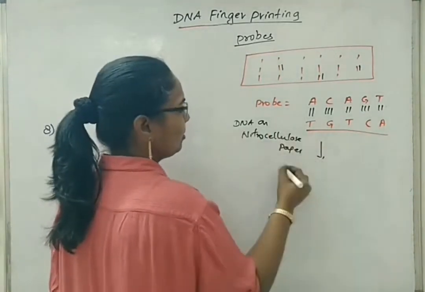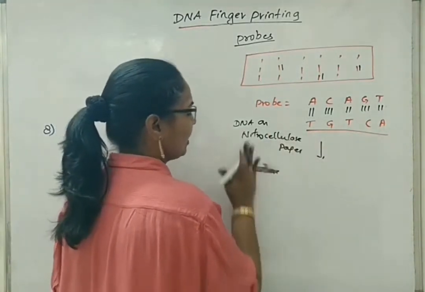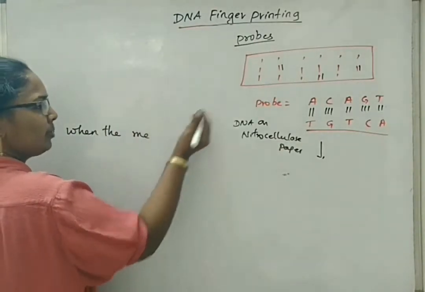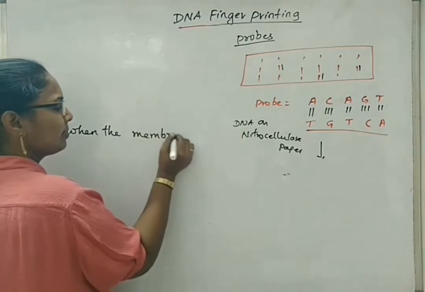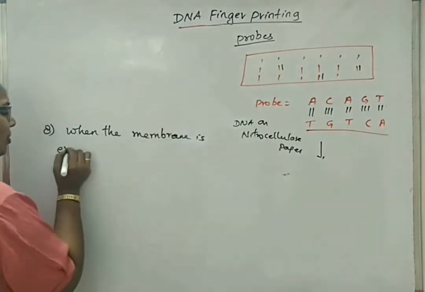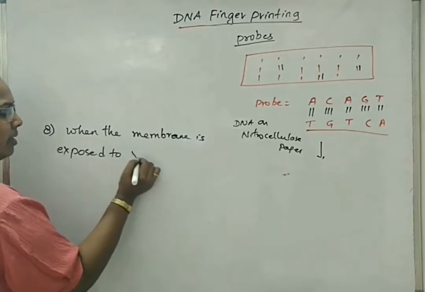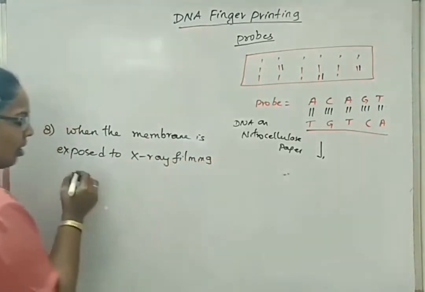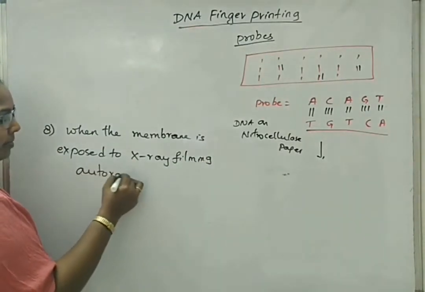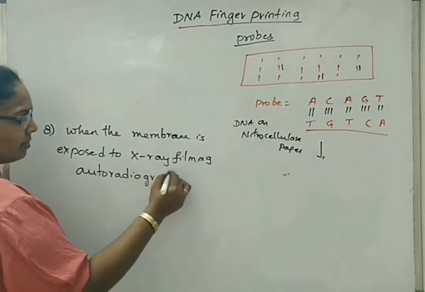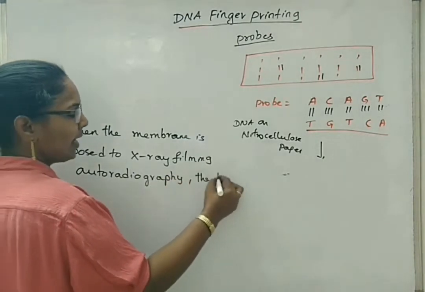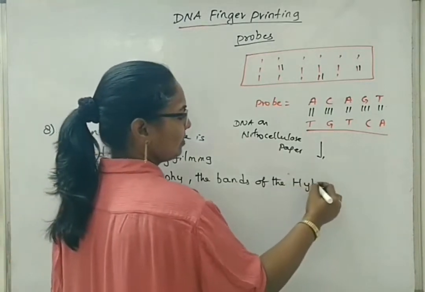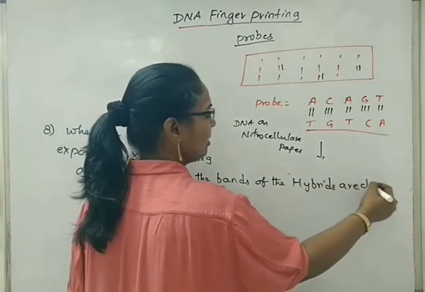When the nitrocellulose membrane or paper is exposed to X-ray filming, autoradiography, then the bands of the hybrid are clearly visible.